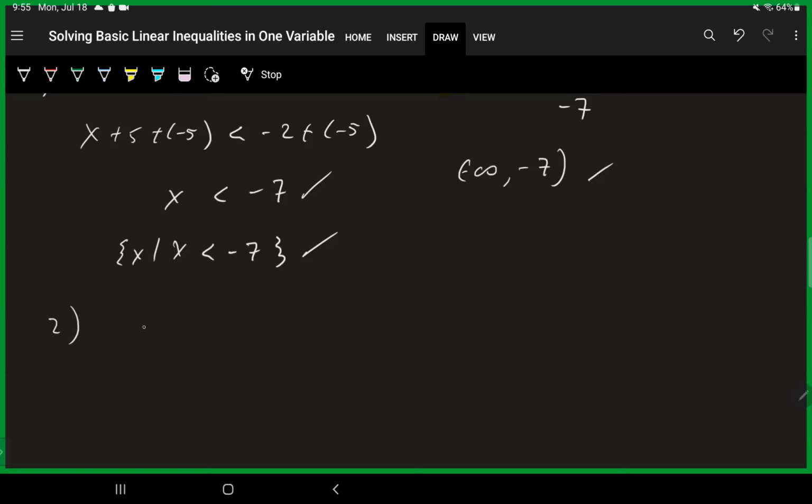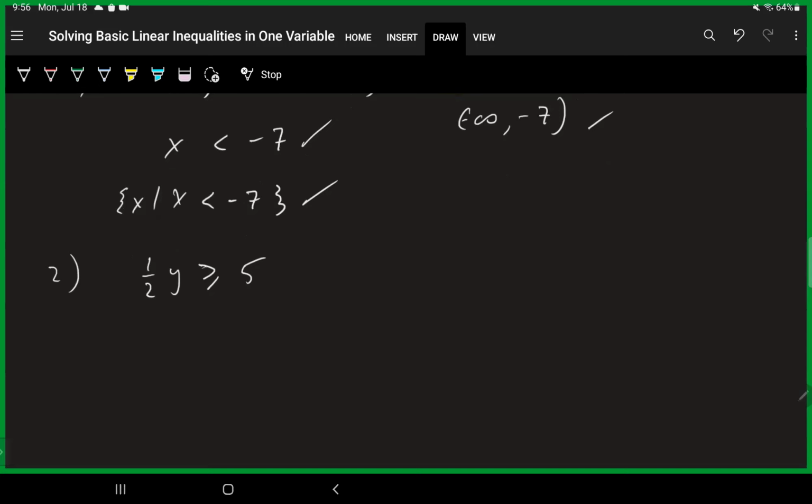Let's look at 1/2 times y is bigger than or equal to 5. So if I'm looking at 1/2 times y is bigger than or equal to 5, there's multiplication by a half here. And to undo that, I can multiply both sides by 2.